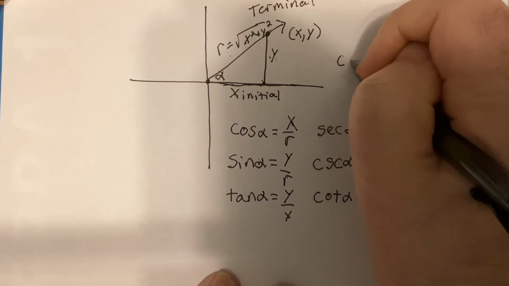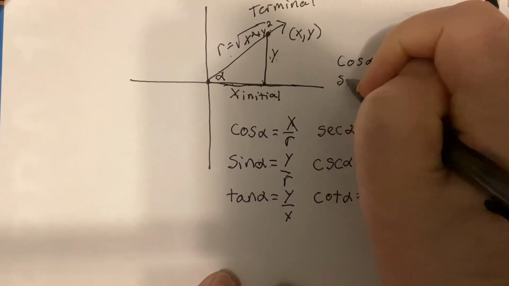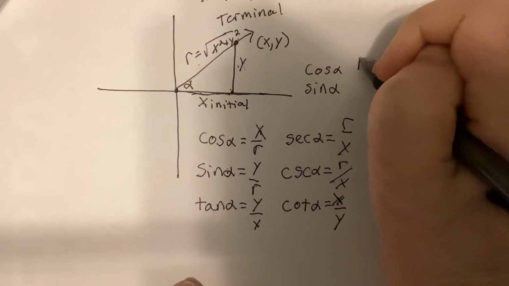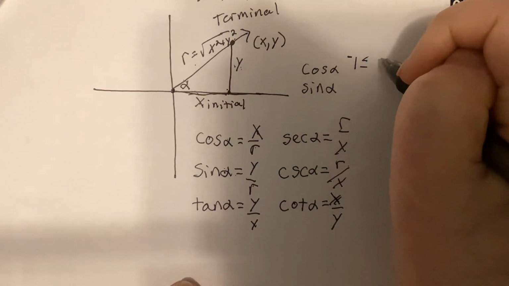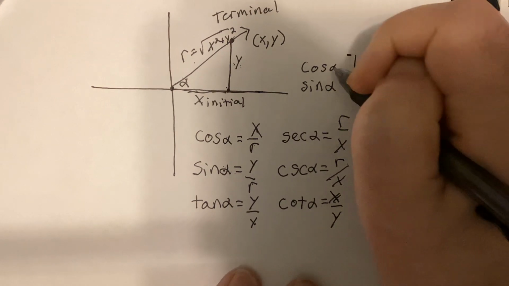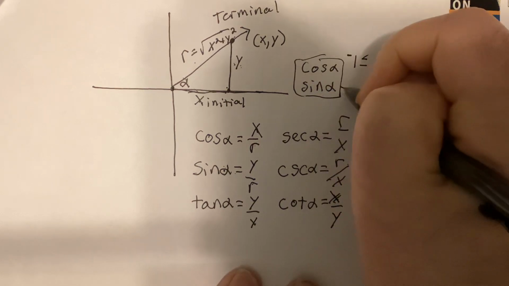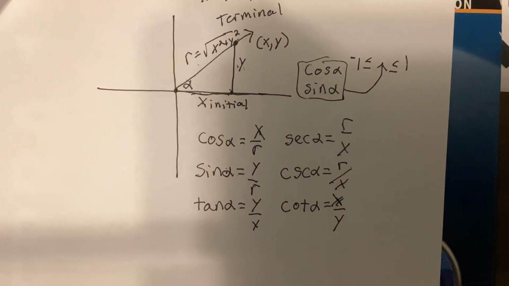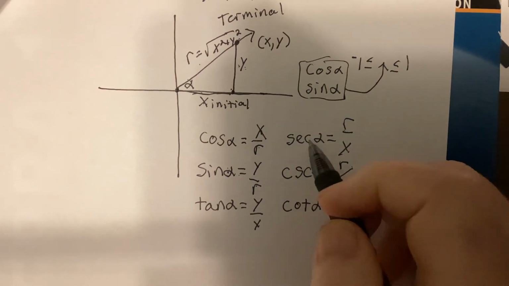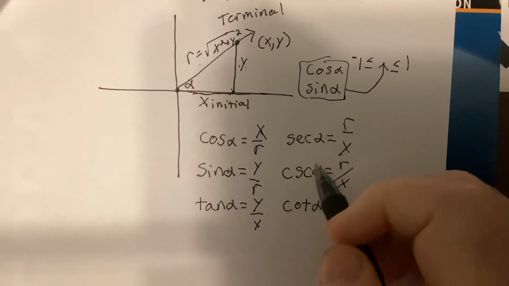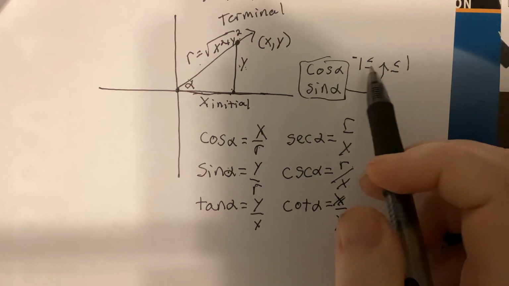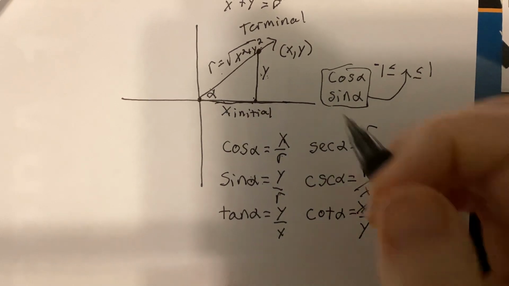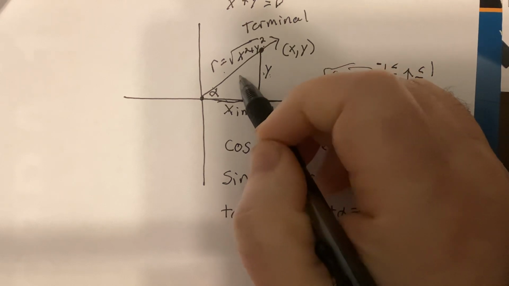So cosine and sine have to be between -1 and 1. Now that means the reciprocals, secant and cosecant, have to be bigger than 1 and smaller than -1 because they're the reciprocals.